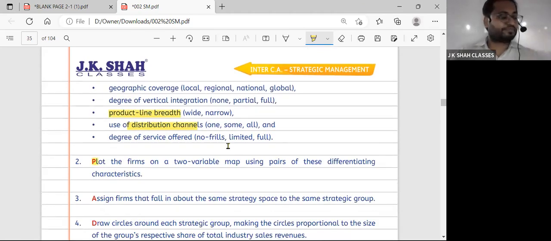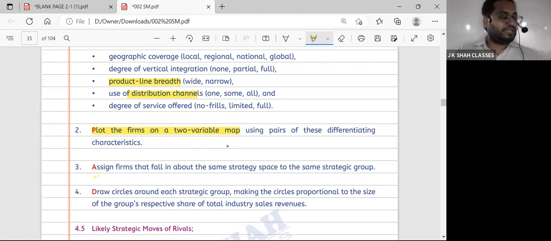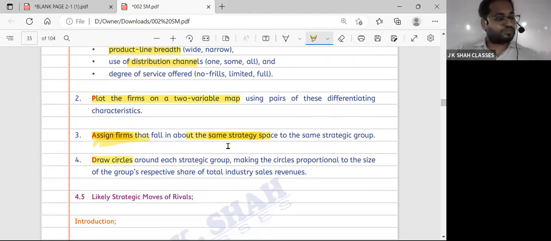Number two, plot the variables on a two variable map. Three, assign the firms that fall in the same strategy space. And four, draw circles, but remember these circles will be proportional to the size of the group's share. Well understood this.